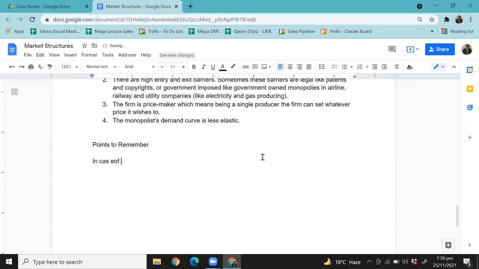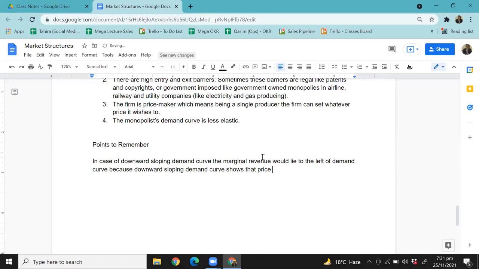In case of downward sloping demand curve, marginal revenue lies to the left of the demand curve because price per unit is not constant and therefore always decreasing.